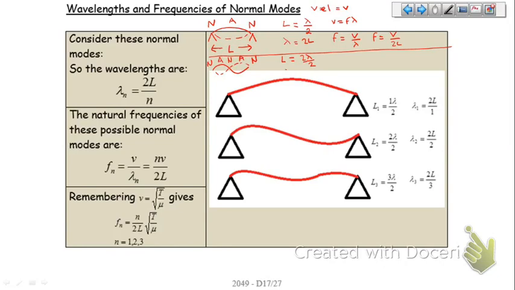So lambda is equal to L. F is equal to v over lambda, so f is equal to v over L. Let's make it look the same: 2v over 2L.